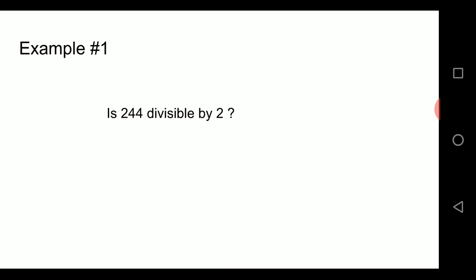For example, if you are given this number, is 244 divisible by 2? Let me pause and you try to guess the answer. Yes, because the number ends with 4, it is divisible by 2.